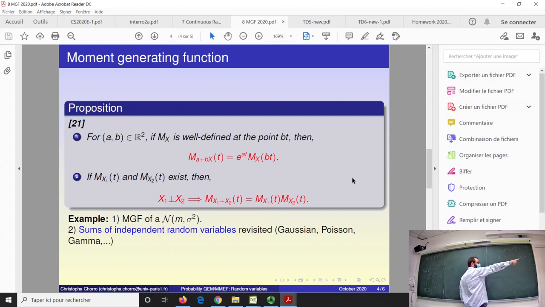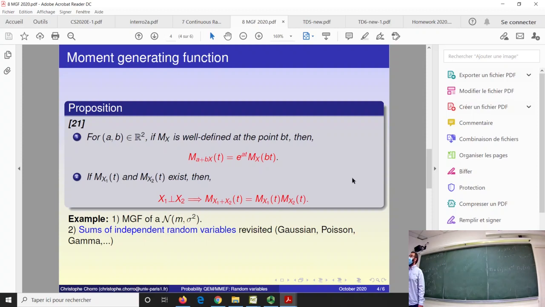So if I use the proposition, statement 1, the moment generating function of x at the point t will be exponential mt times the moment generating function of y at the point sigma t. And what is the moment generating function of y at the point x?